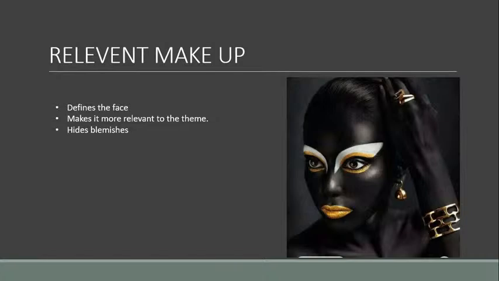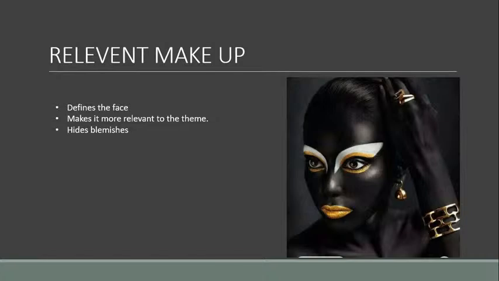So you need to have a relevant theme, and you need to have proper makeup. Like the picture you have, if this makeup wouldn't have been there, the theme would have gone totally wrong. So you have to have makeup which actually helps in the shoot, and it also has to be related to a particular theme.